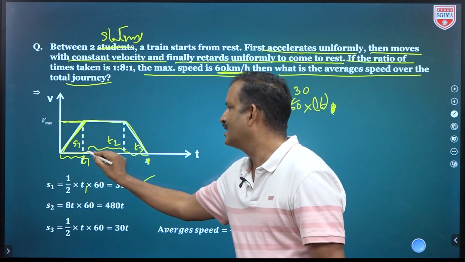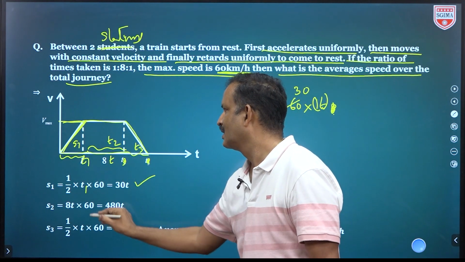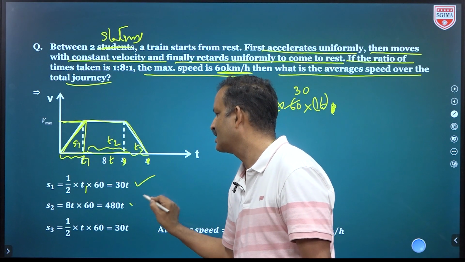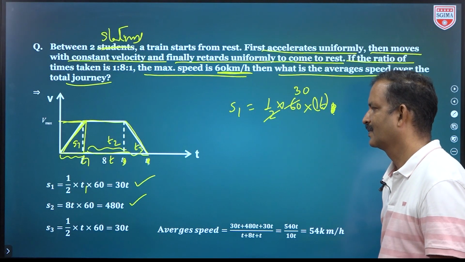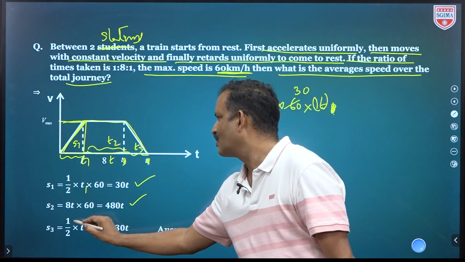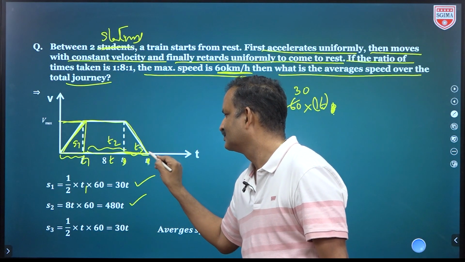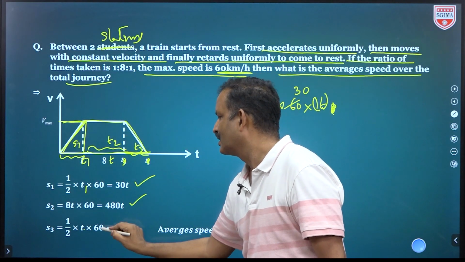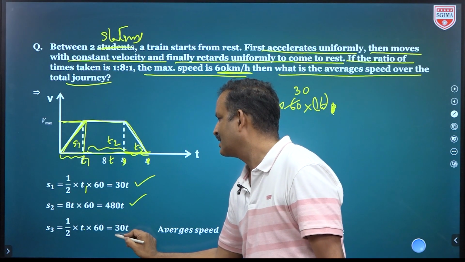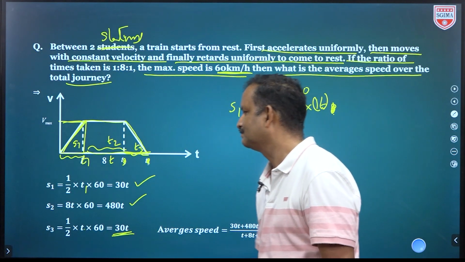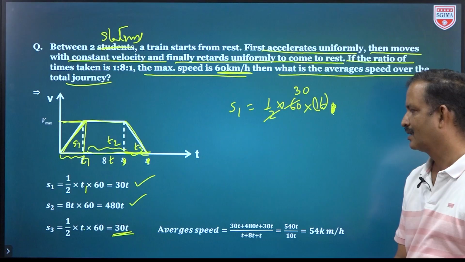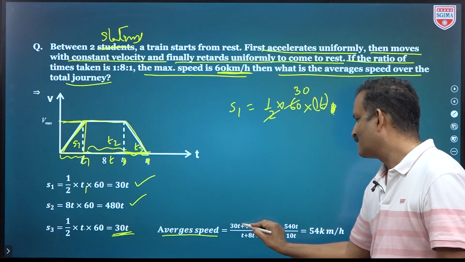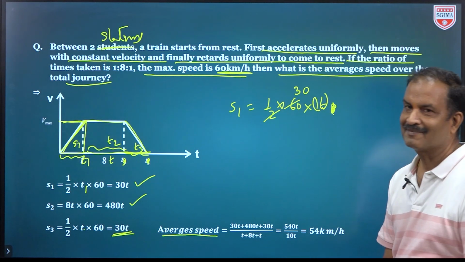Next, this is 8t. So S2 is 8t into 60, that is 480t. Then this S3 is equal to half into t into 60, that is equal to 30t. Then average speed is nothing but total displacement by total time.